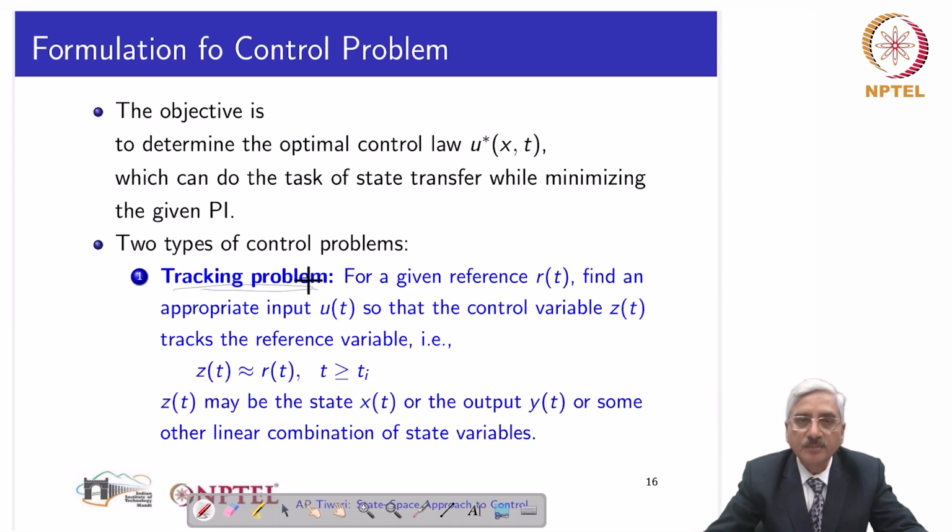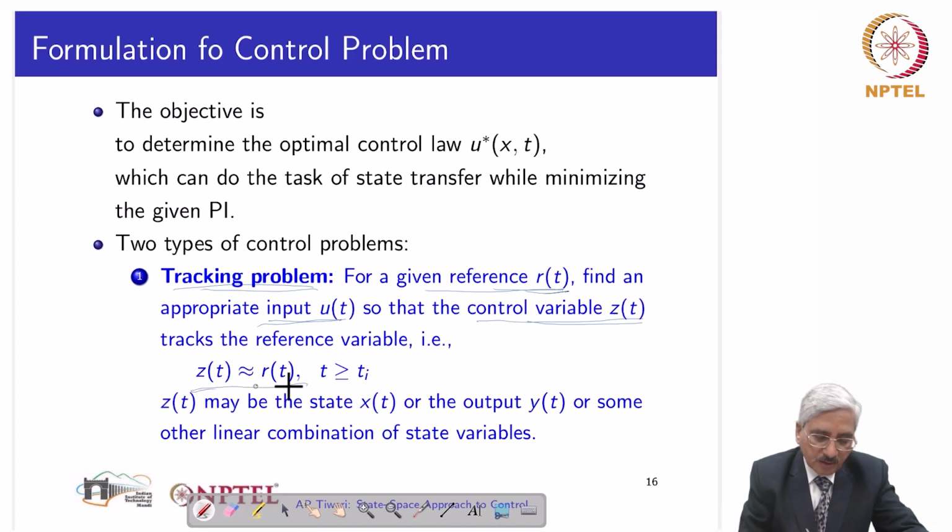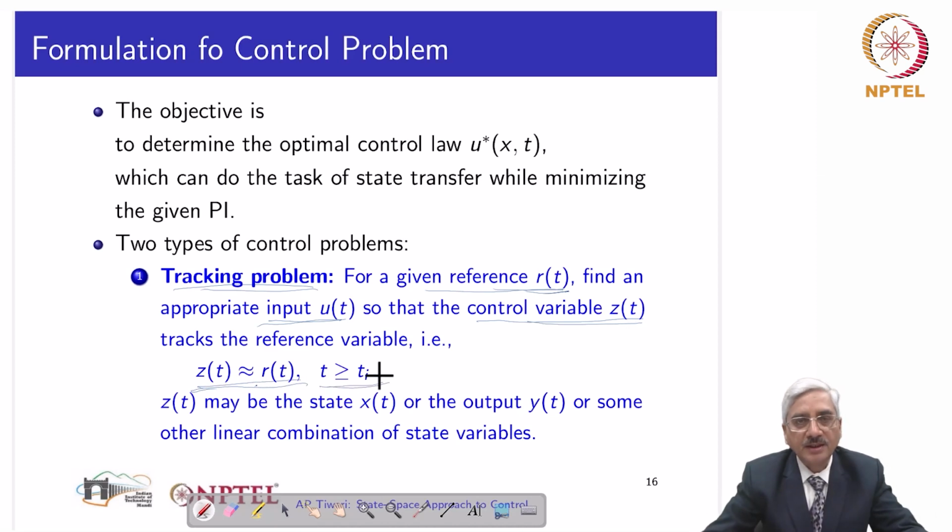In this type of problem, a reference is given, denoted by r(t) here, and an input has to be found so that the control variable z(t) tracks the reference variable. For all t greater than or equal to initial time, the control variable z(t) should be as close as possible to r(t), the reference.